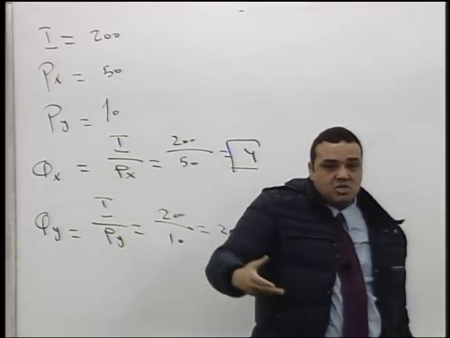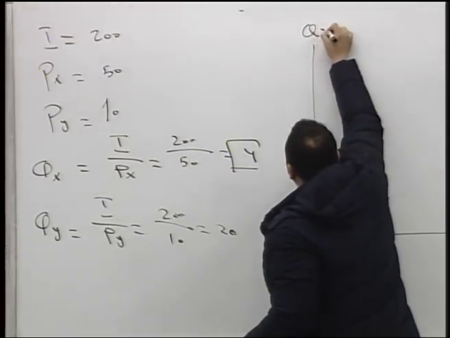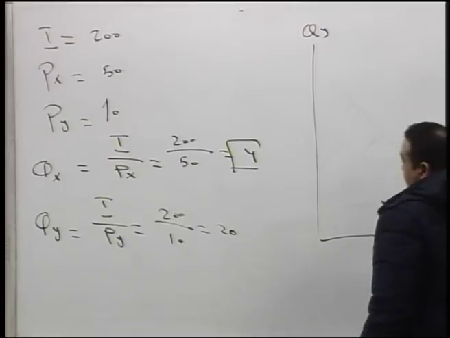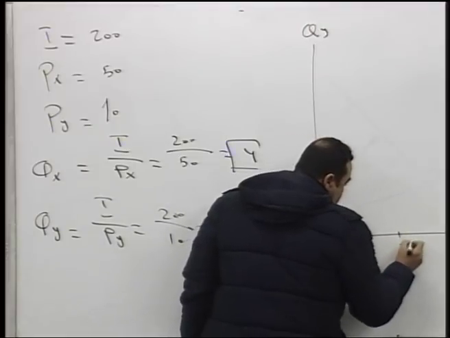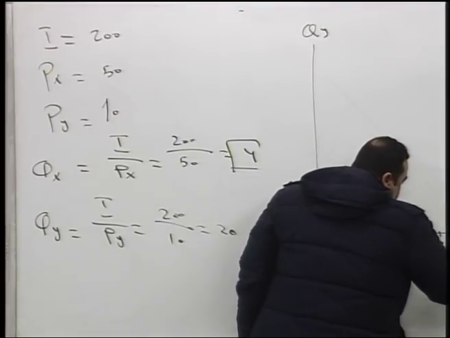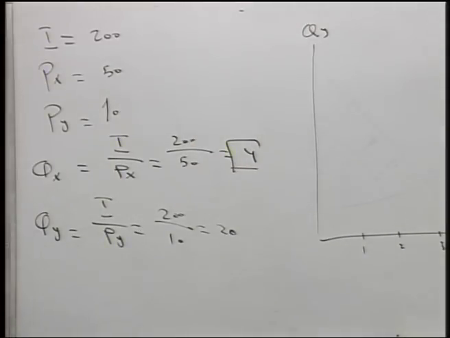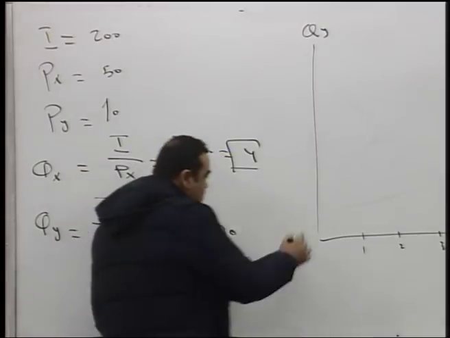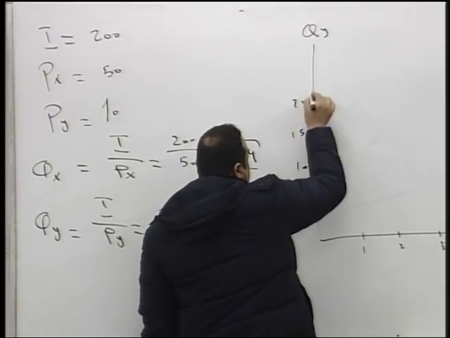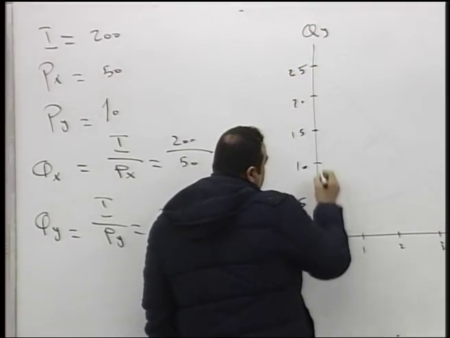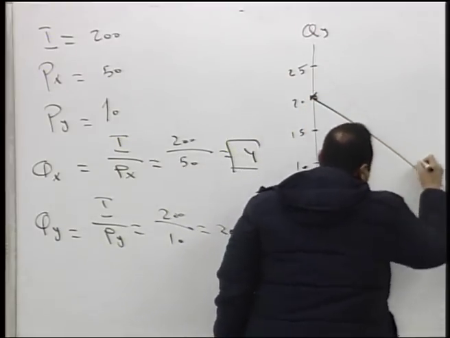The budget line has quantity Y here and quantity X. The quantity consumed of X was 4, and the quantity of Y was 20 units. This is budget line one.